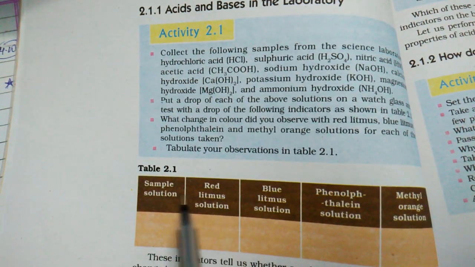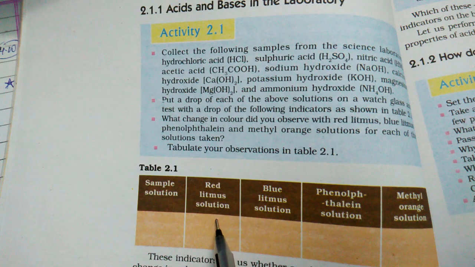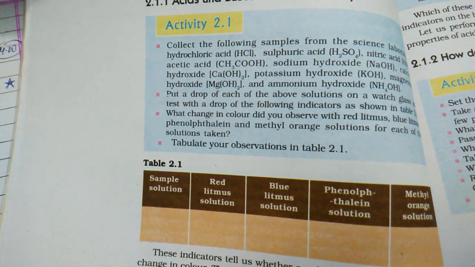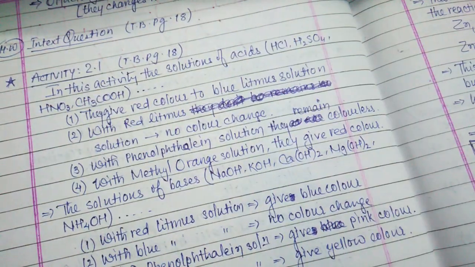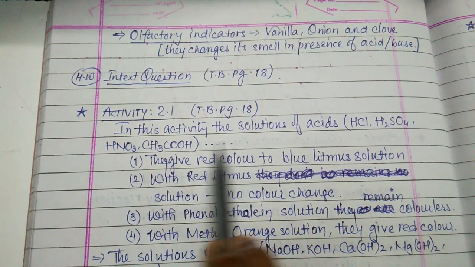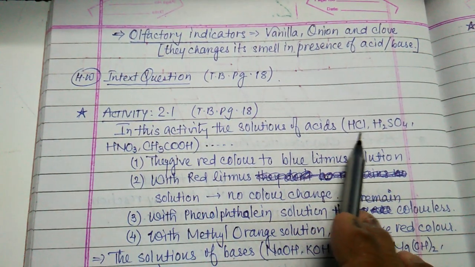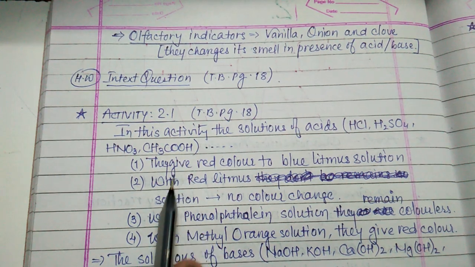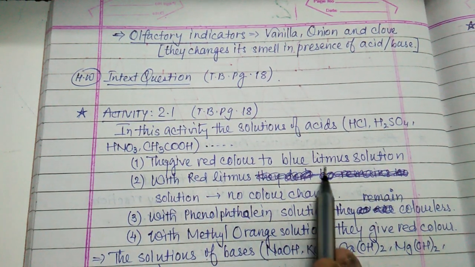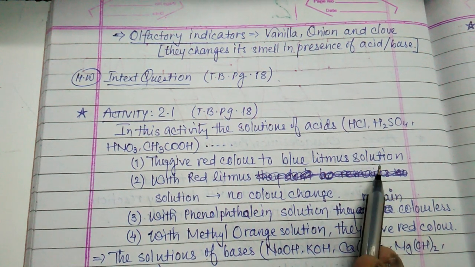Now we observe the color in red litmus solution, blue litmus solution, phenolphthalein solution and methyl orange solution. In this activity, the acid solutions are HCl, H2SO4, HNO3 and CH3COOH, which is acetic acid. They give red color to blue litmus solution.